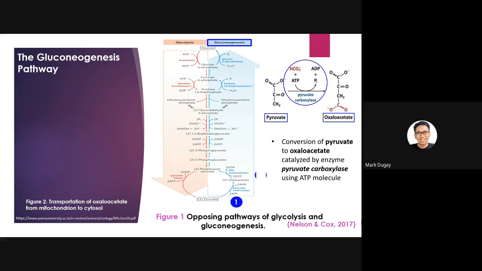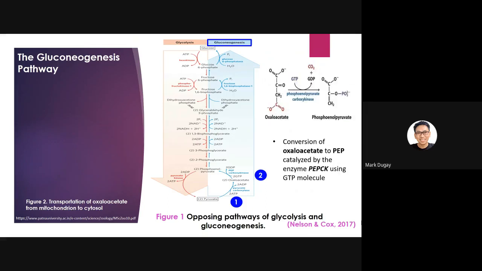Step 2, conversion of oxaloacetate to phosphoenolpyruvate, catalyzed by the enzyme phosphoenolpyruvate carboxykinase, or PEPCK, using a GTP molecule.